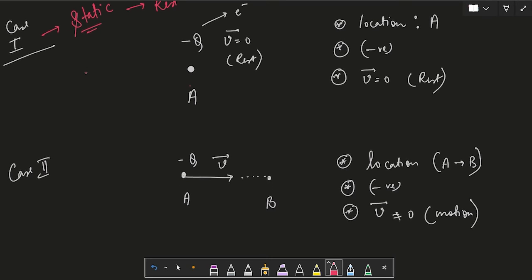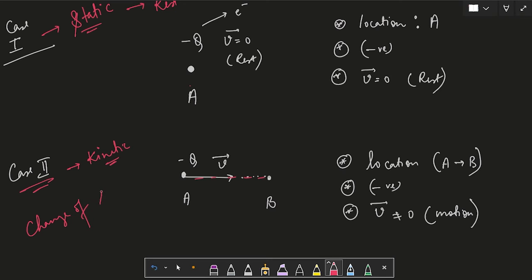But in case 2, here comes the case 2 part. Case 2 is not electrostatic, it's electrokinetic or electrodynamic. The charge in this case is moving with a certain velocity towards B, so there is a change of position.